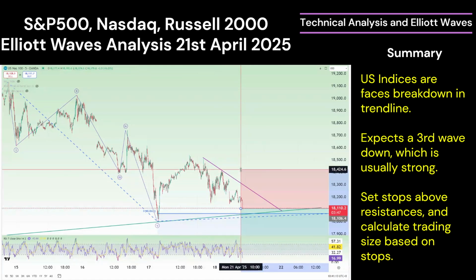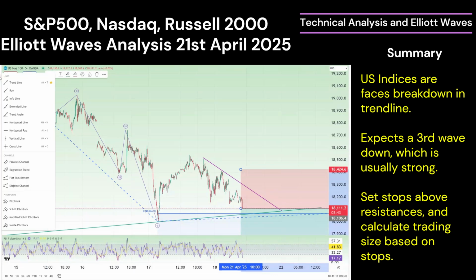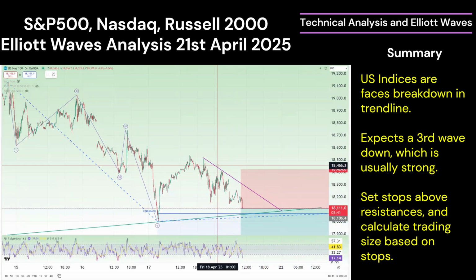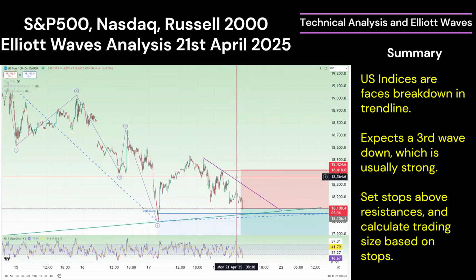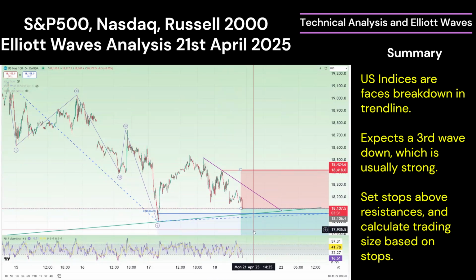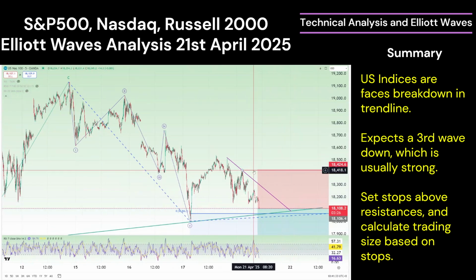I would say use this as the main resistance. Over here you also see 1, 2, 3, 4, and potentially 1, 2, 3, 4, 5. Based on the stop loss, then you do your position sizing.